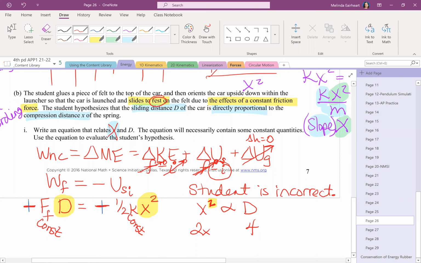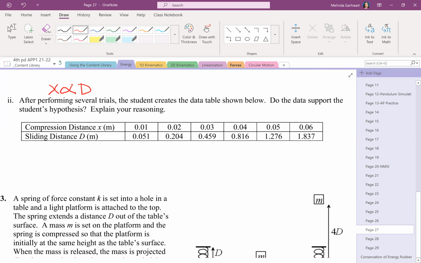That's what they hypothesized. And so if we look, so again, it's that double, double. Look at your data. Can you find 2 data points that have a double compression distance? You got a couple options there, but what if we pick 0.02? Double would be 0.04. And so here you have a double.